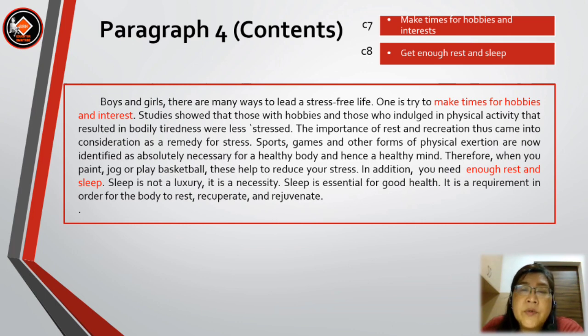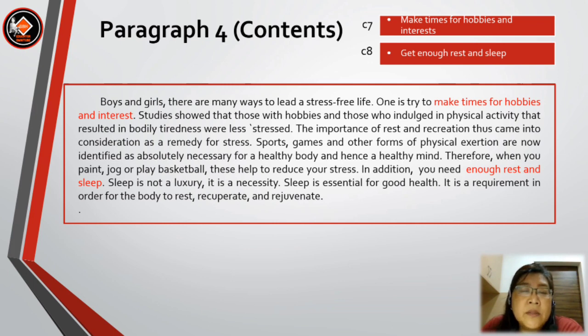Studies showed that those with hobbies and those who indulge in physical activity that resulted in bodily tiredness were less stressed. The importance of rest and recreation thus came into consideration as a remedy for stress. Sports, games, and other forms of physical exertions are now identified as absolutely necessary for a healthy body and hence a healthy mind.